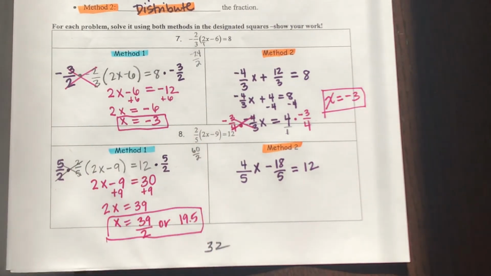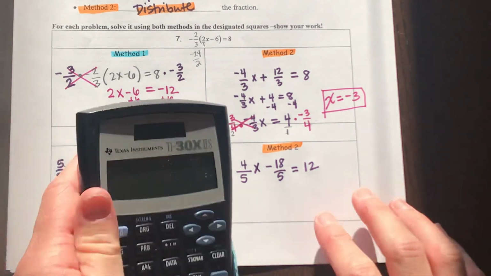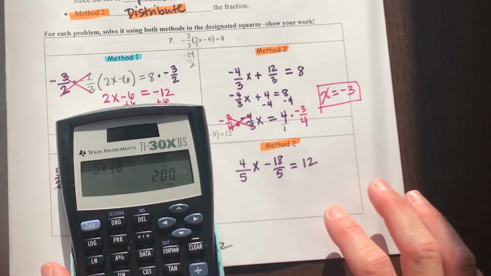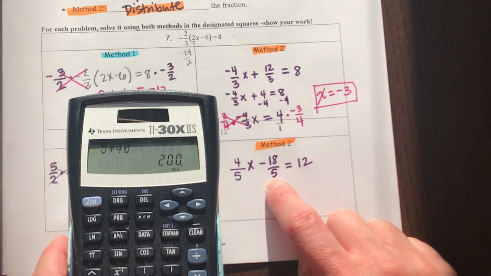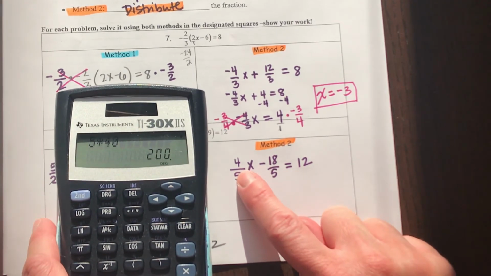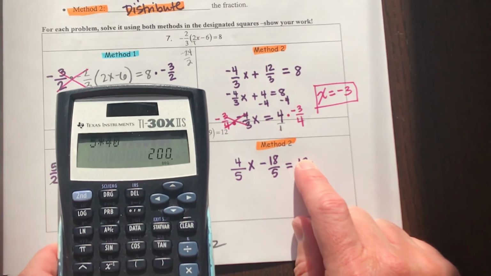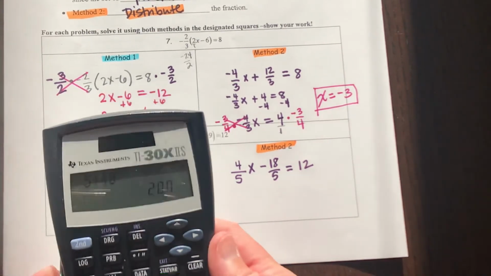Now what I'm going to do is actually pull out my calculator and show you how to type this in. Okay. I need to add 18/5 to isolate my x term, and I need to add that on both sides.